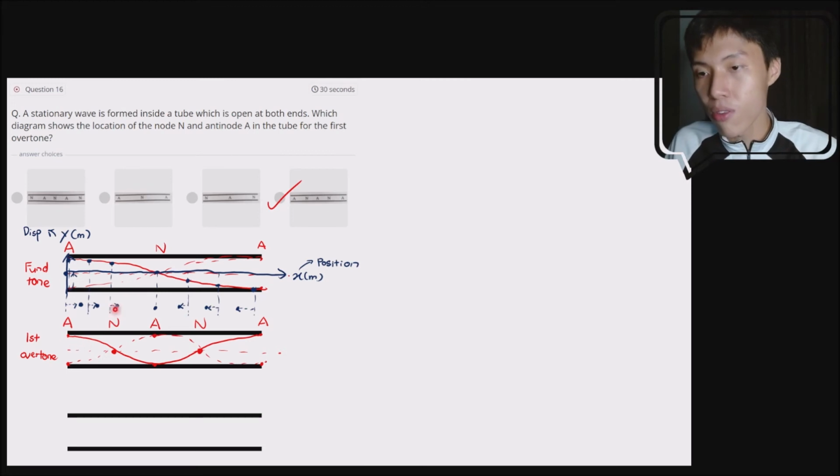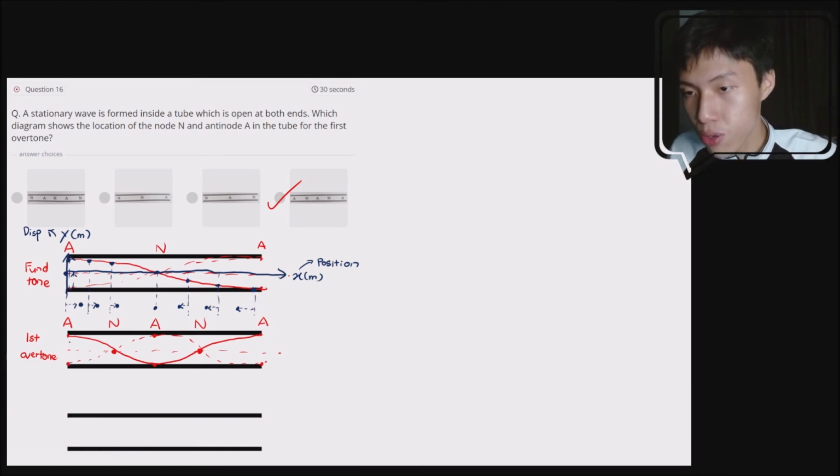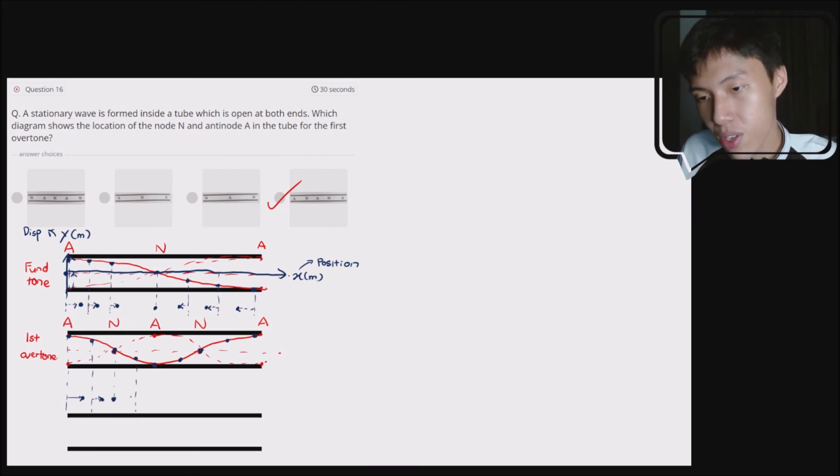Now if you look at the first overtone, let's pick a few points: 1, 2, 3, 4, 5, 6, 7, 8, 9. This one, you are traveling slightly to the right. This one, slightly less to the right. This one, you are not traveling at all. This one, you are traveling slightly to the left.